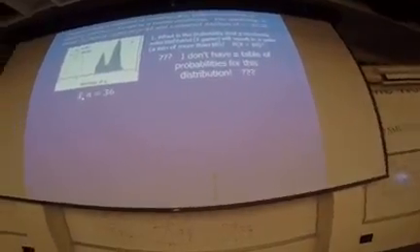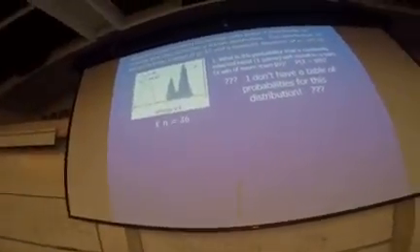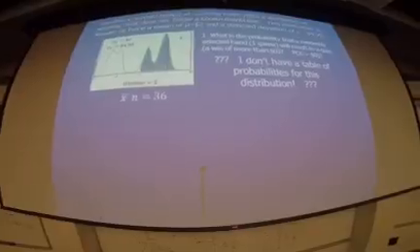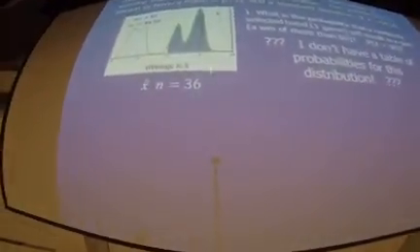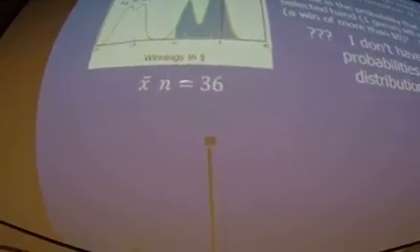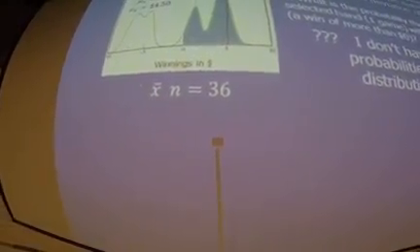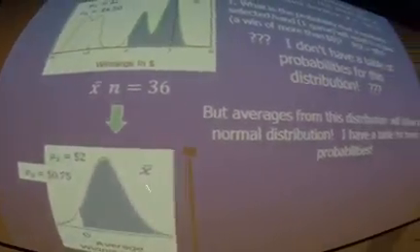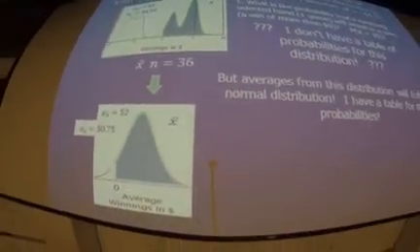So what if I look at X bars? These are the means of size 36, because remember, under the central limit theorem, this is pretty non-normal, so I've got to pull a large number into my sample in order to ensure that the means have a normal distribution.